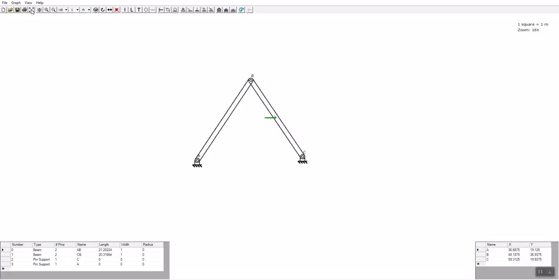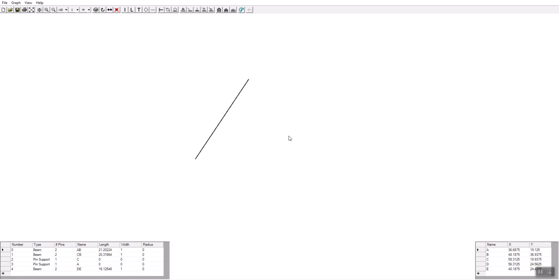Let's put the structure back together and make another modification to it. So take a straight member, bring it here, and attach this member with two pins.